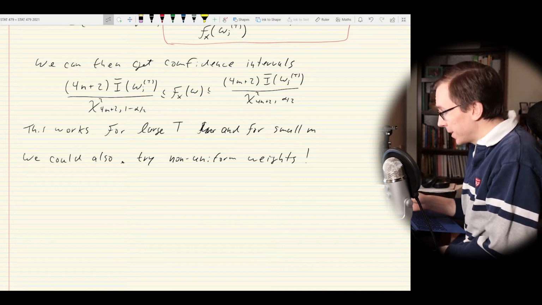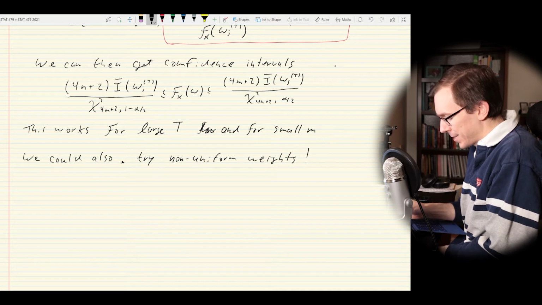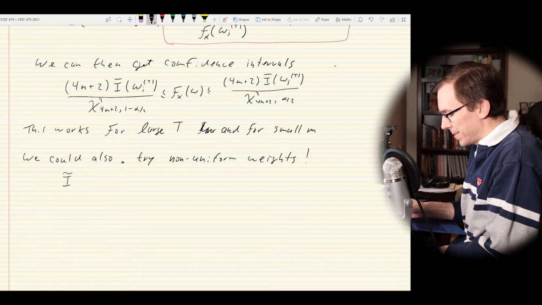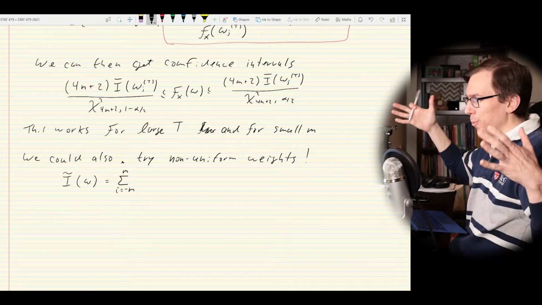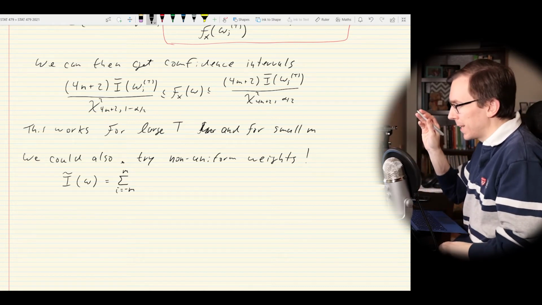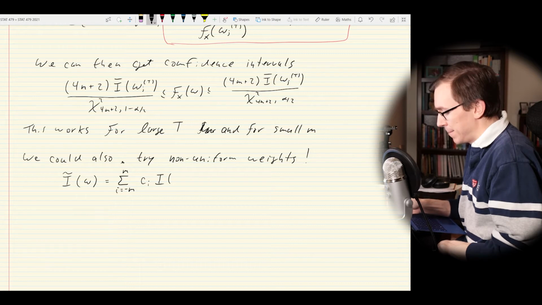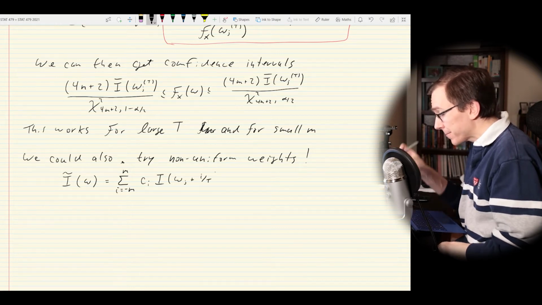What that would look like, and I'm going to call this I tilde just to indicate that it is a weighted estimate or averaging of the periodograms, is something like the sum over i from minus m to plus m. I'm still going to use the total width as being 2m plus 1. But in this case, we're going to multiply by c_i times our periodogram at omega_j plus i over t.